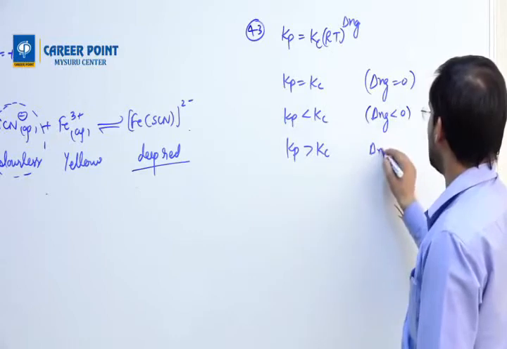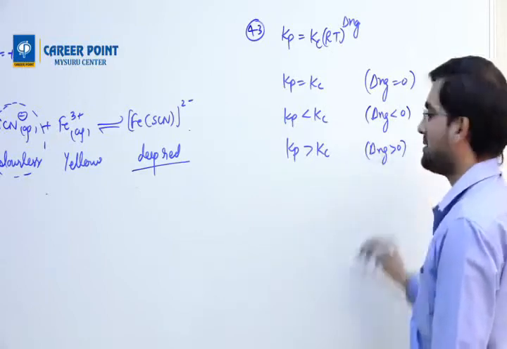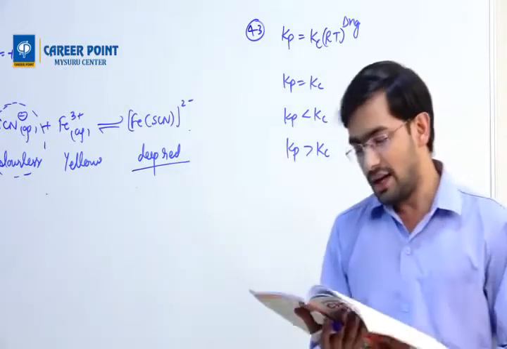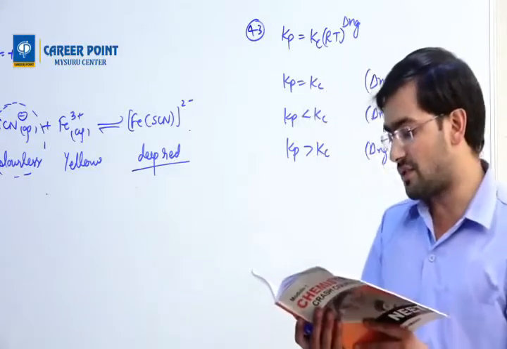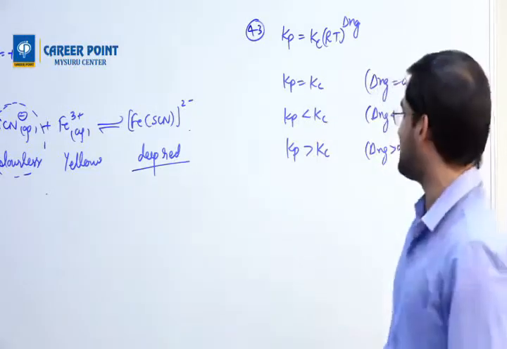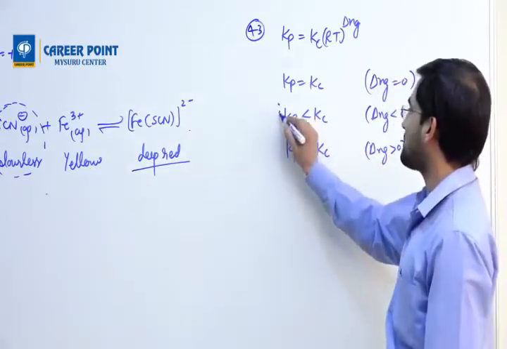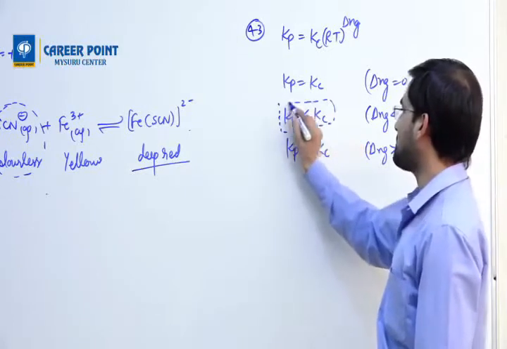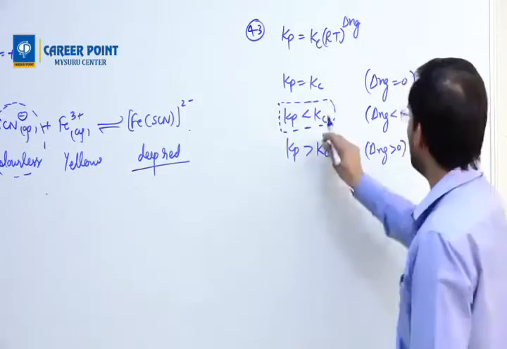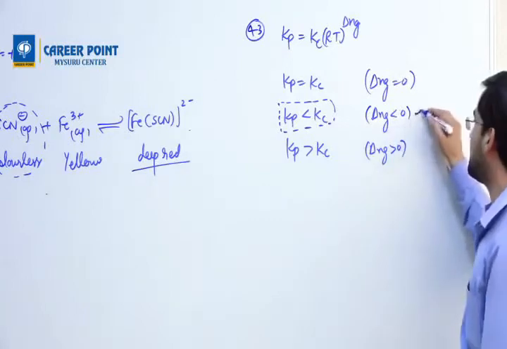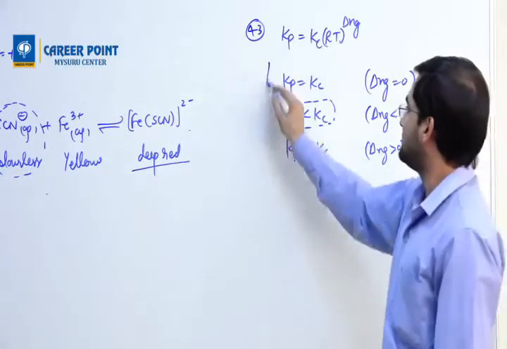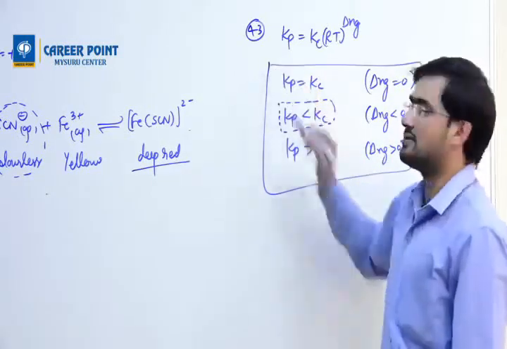In this case, delta Ng is greater than 0. Now in question 43, they are asking in which of the following cases Kp is less than Kc. In that option only, Kp is less than Kc. It means you need to find a reaction whose delta Ng is less than 0.